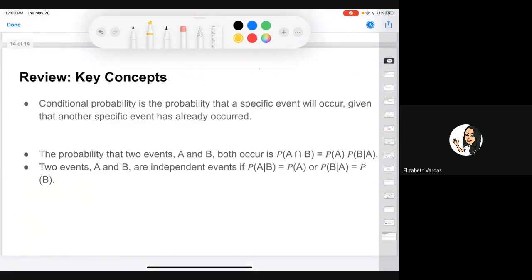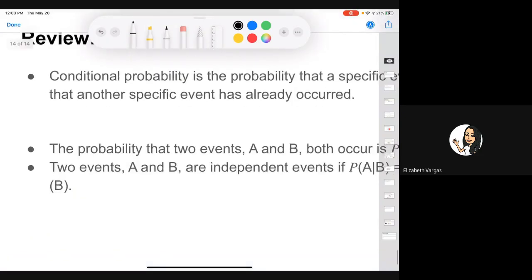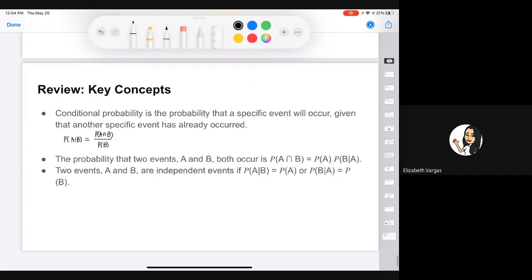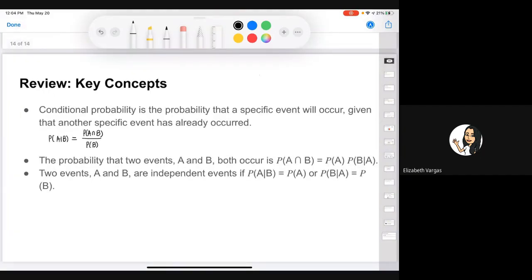So what we looked at today was conditional probability and how to calculate it. We used this equation right here. Conditional probability is the probability that a specific event will occur given that another event has already occurred.